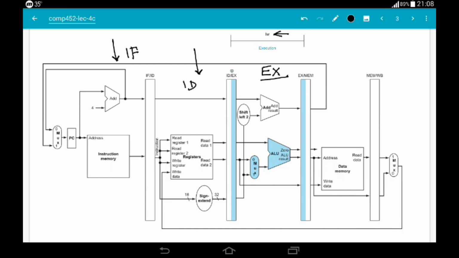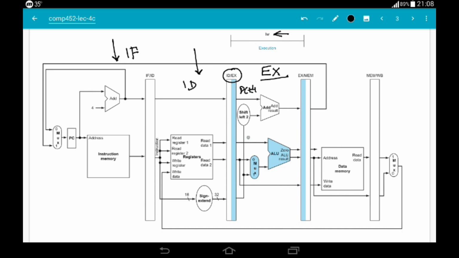Okay, now let's see what happens here in this ID/EX pipeline register. You can easily see that the right half is shaded, so it means this PC+4 value is being read.